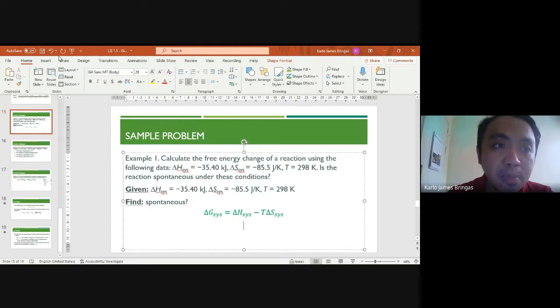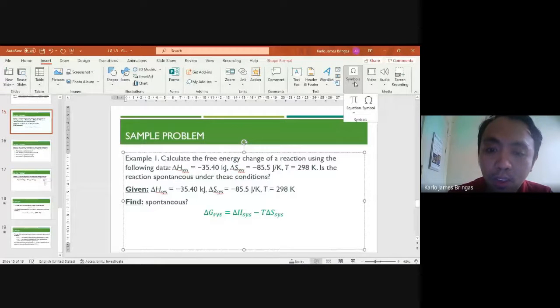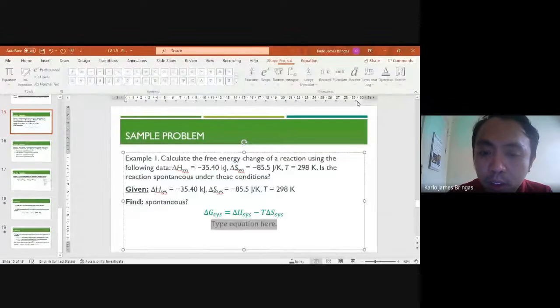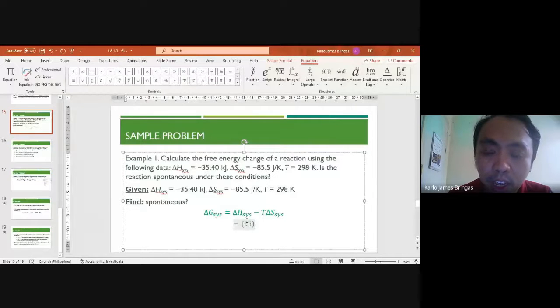So now let's substitute the values. Kindly please have your calculators ready so that we can follow along with this example. As you get the calculators, let me type the values in here.